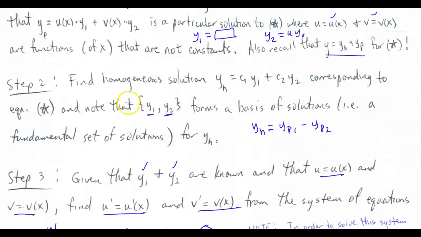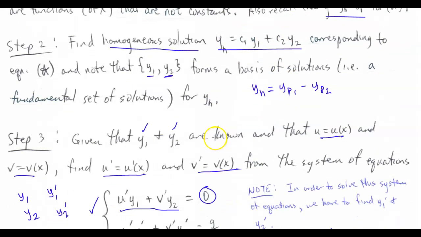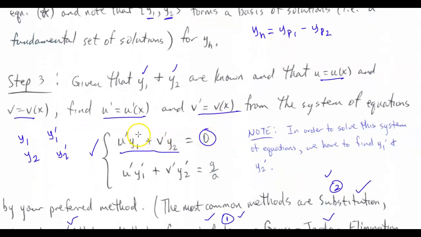Our step two, we find our homogeneous solution, which looks like this, by letting our g, or g of x, in our original non-homogeneous equation be 0 just to find these solutions. And then after that, we use this system of equations to be able to find out what u prime and v prime are, okay?